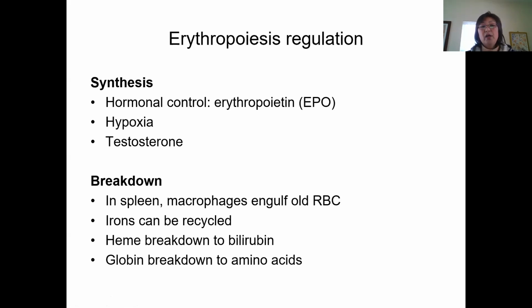Okay, so many premature babies may have jaundice. Jaundice is a condition where the skin is yellow. The reason for that is at birth, all the fetal blood needs to be replaced with adult-type blood. There's a difference there.